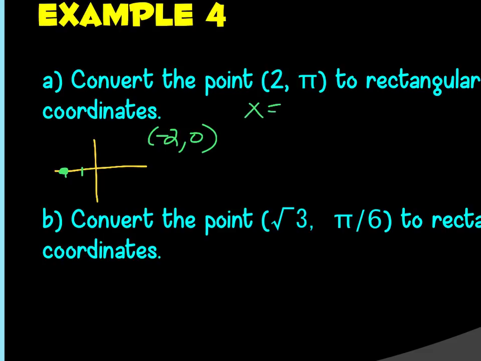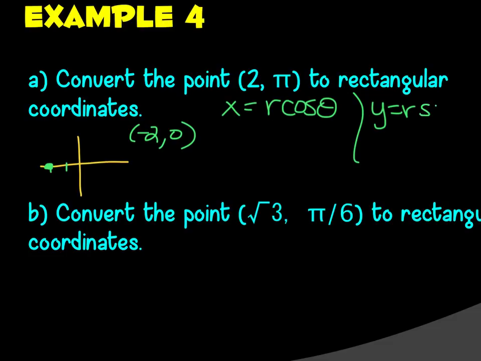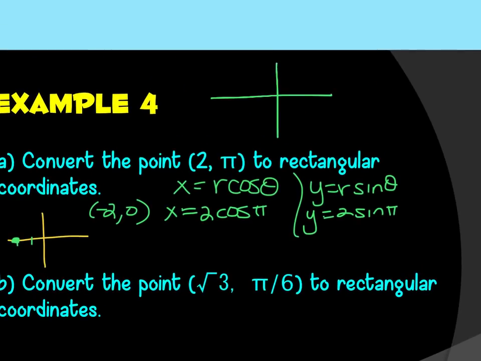So then to actually get the equation, let's say it wasn't as obvious. X is r times the cosine of theta, and y is r times the sine of theta. So x equals 2 cosine of pi, and y equals 2 sine of pi. Now on your unit circle, not with radians, not with the radius, not with polar, but on your typical unit circle, if I was to go around this circle, what would be the point at pi? -1, 0, right?